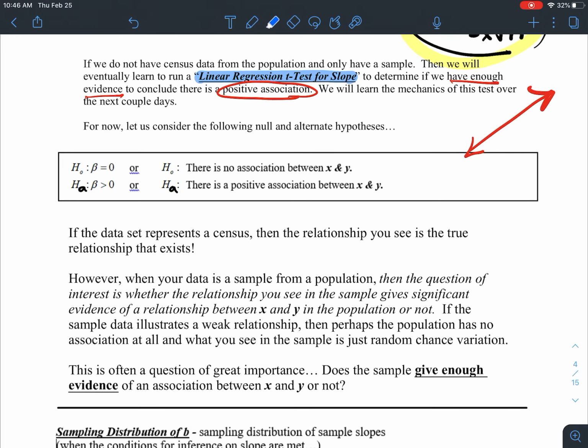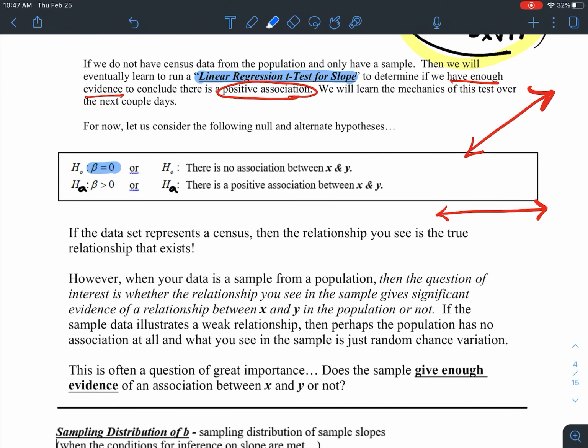But when we say that the population slope equals 0, remember our null hypothesis is always a statement of equality. If you think about how a line looks, if the slope is 0, it just is a flat horizontal line. There's no tilt to it at all, indicating that as x is increasing, y isn't doing anything. It's not decreasing, it's not increasing, it's just flat.